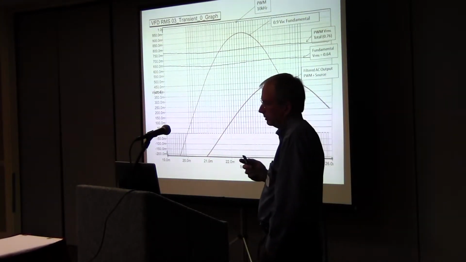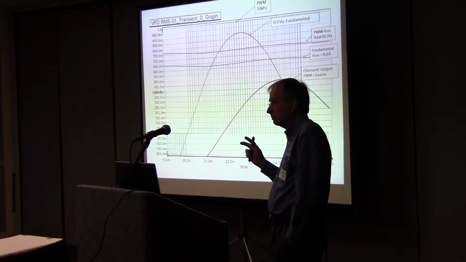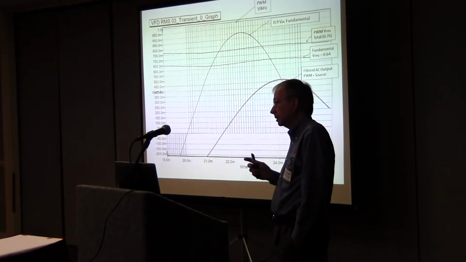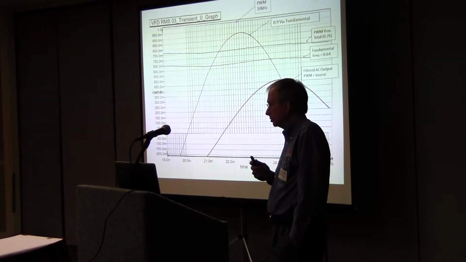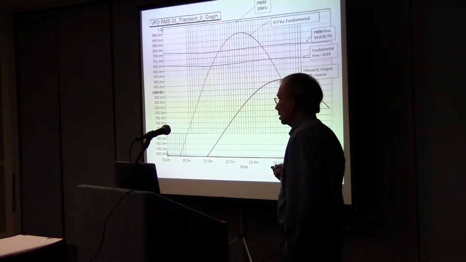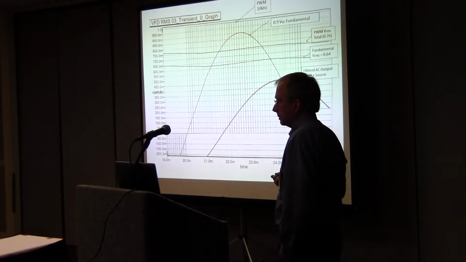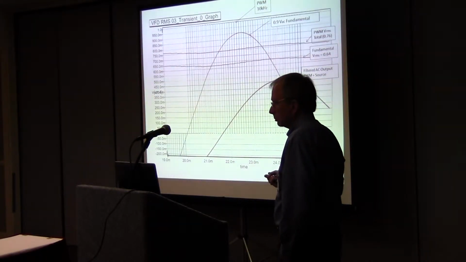I'm just saying typically, but you've got to look at your application. Typically, there are not a lot of harmonics in the current, but there sure are in the voltage. So you literally see this being applied to the compressor motor. But the current will look pretty sinusoidal.